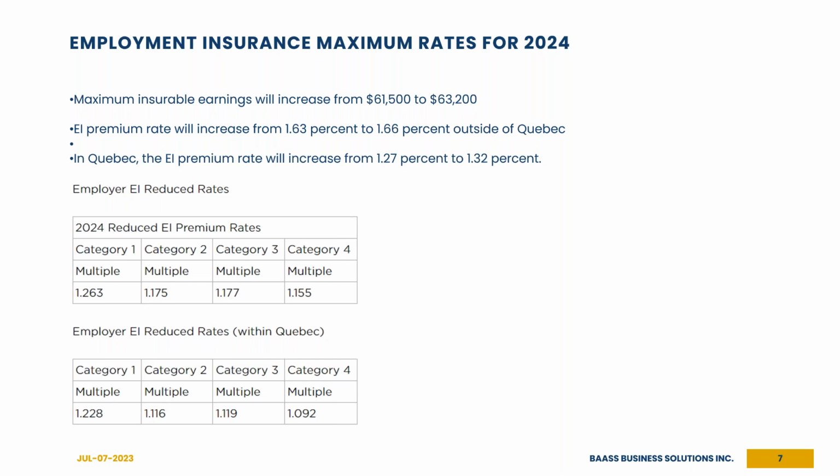And if you are in Quebec, the EI premium rate will increase from 1.27% to 1.32%. There are also reduced rates on the screen that you can take note of, and this has all been published either through the Canadian Payroll Association, also known as the National Payroll Institute, or on the CRA website.